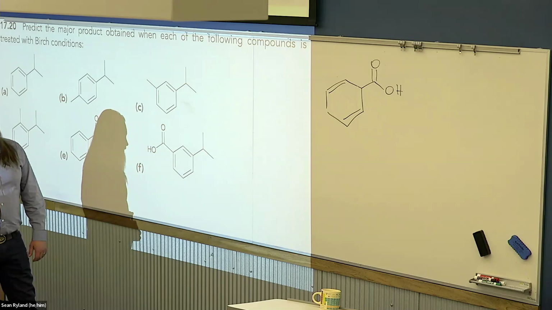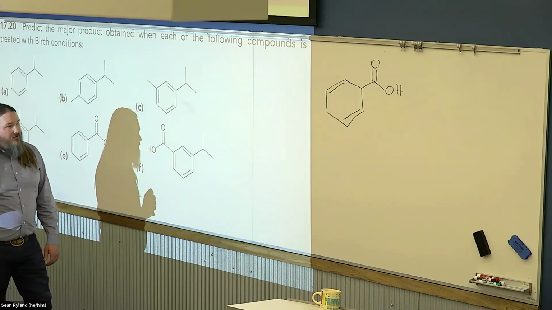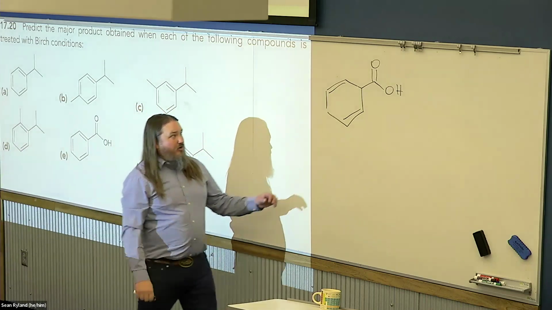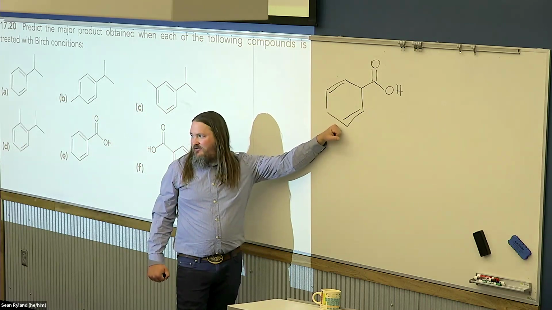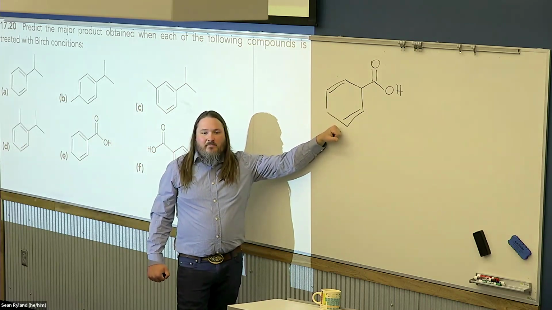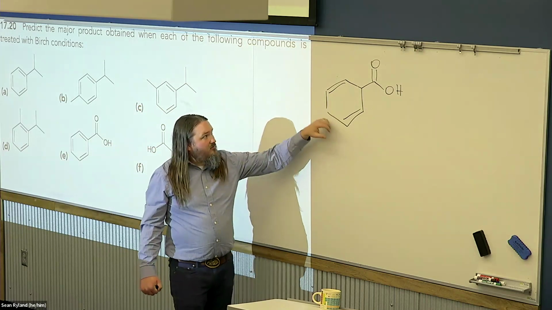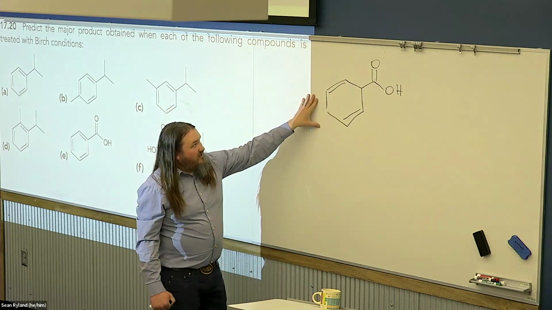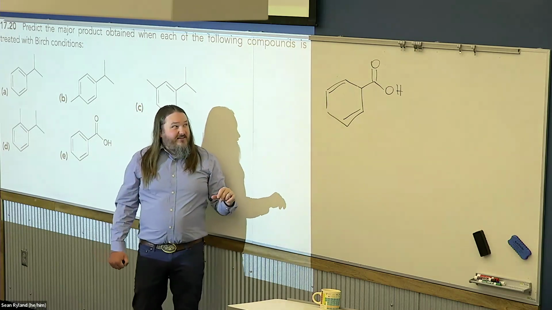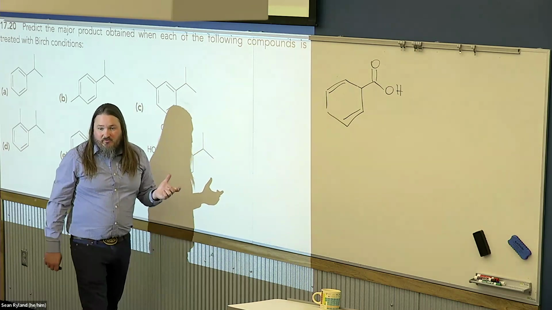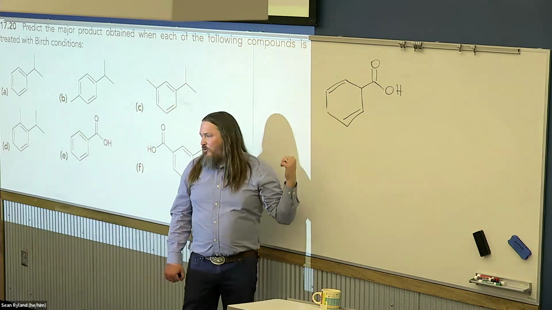And it's a little counterintuitive when you think about it from the thermodynamic point of view, because we don't get any resonance this way. The fact that we're not getting any resonance in our final product, as well as thinking about those intermediates, tells us it must be a kinetic issue, because we know the final product would be more stable if we had more resonance.